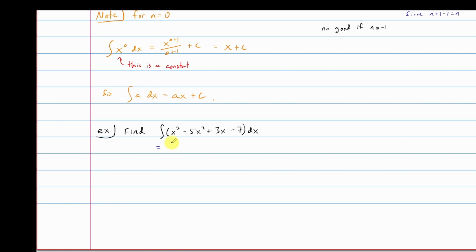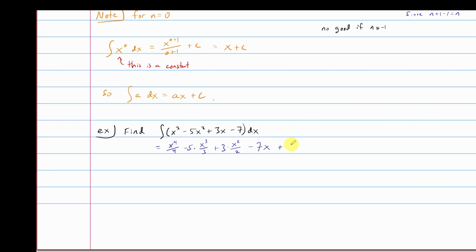So when I integrate x cubed using the power rule, we add 1 to the power, divide by the new power. When I integrate x squared, we add 1 to the power, divide by the new power. When we integrate x, we add 1 to the power, divide by the new power. And for constants on their own, when we integrate them, we get an x that gets tacked on.